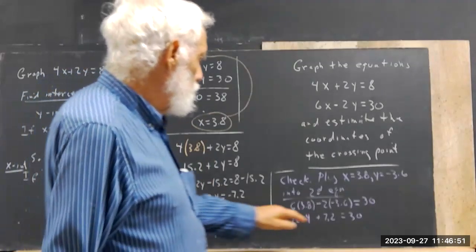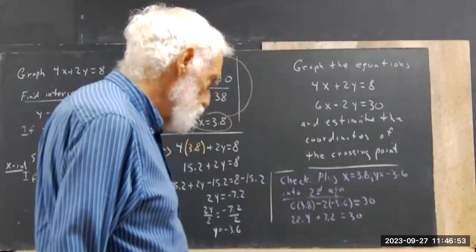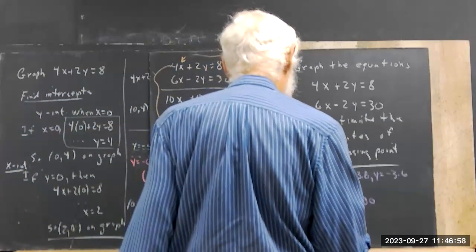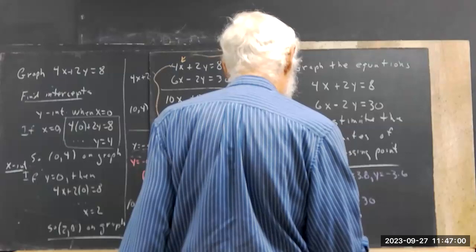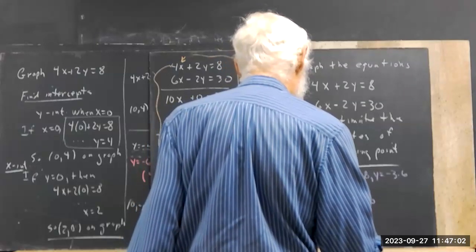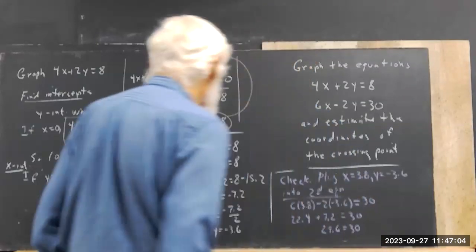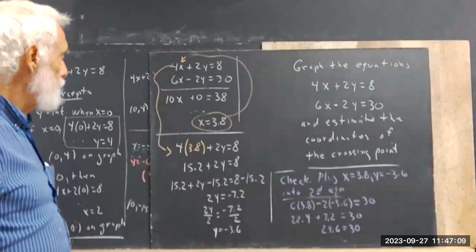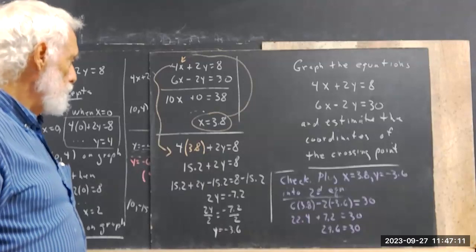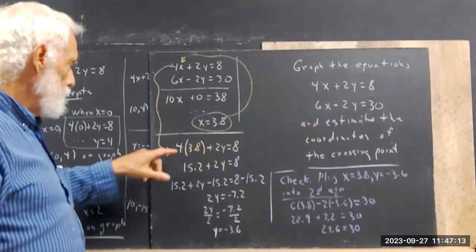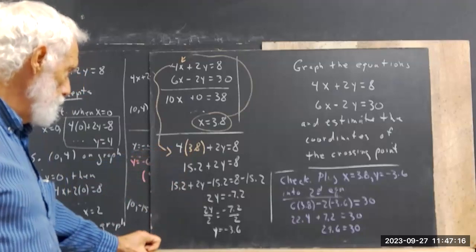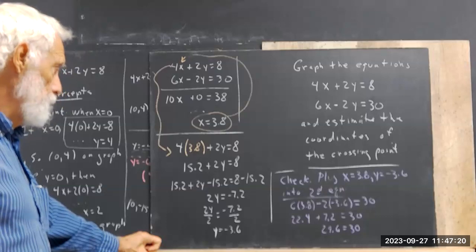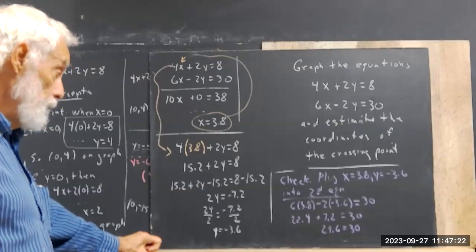I get 22.4 plus 7.2 equals 30. Now, 22.4 plus 7.2 is 29.6. So something is haywire in my solution, and I don't see what it might be. Did I multiply 4 by 3.8 correctly? That would be 12, and 3.2 is 15.2. 8 minus 15.2 is negative 7.2. I don't see the error.